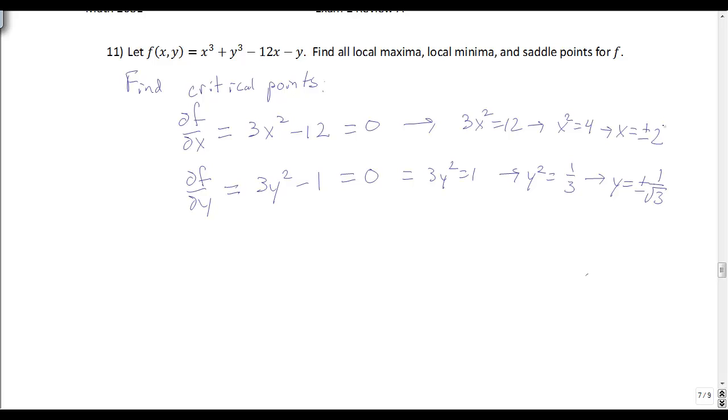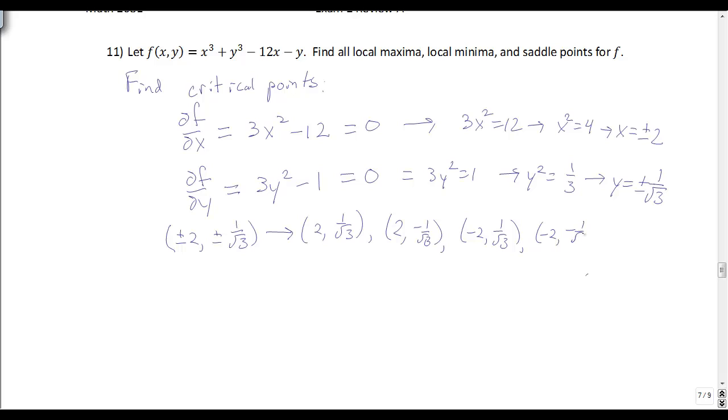So we've got two values for x and two values for y. That really gives me 4 critical points. I would typically write these as plus or minus 2, plus or minus 1 over square root of 3. But really these are 2, 1 over square root of 3; 2, negative 1 over square root of 3; negative 2, 1 over square root of 3; and then both negative.